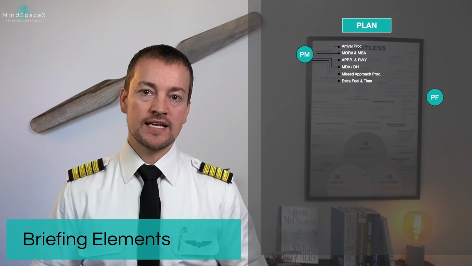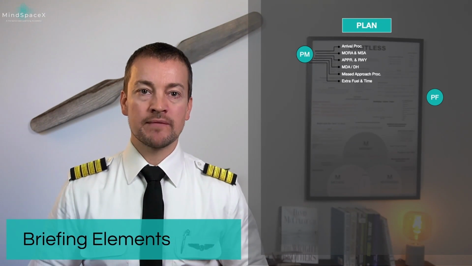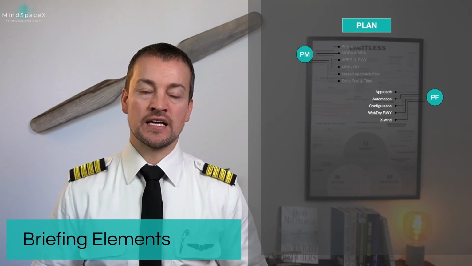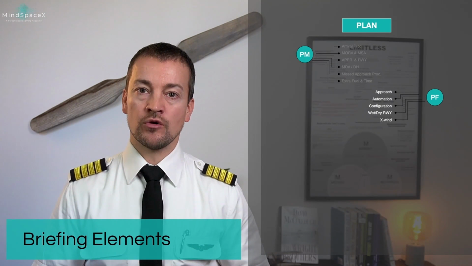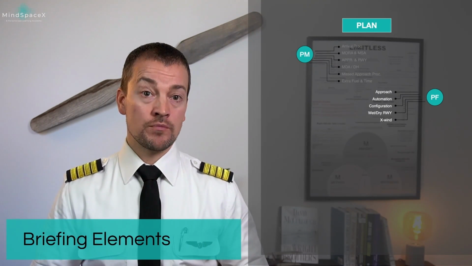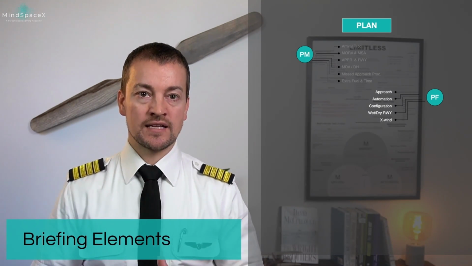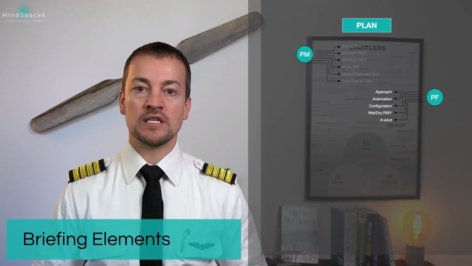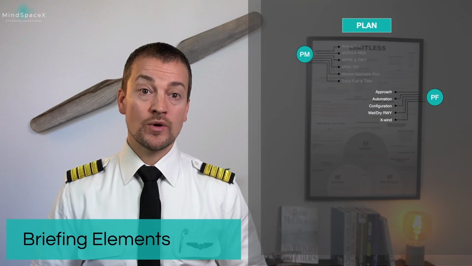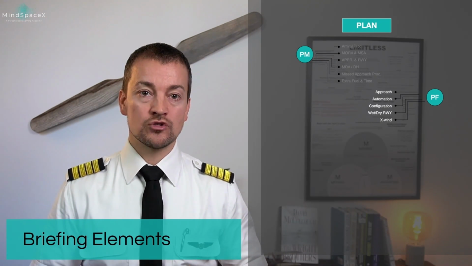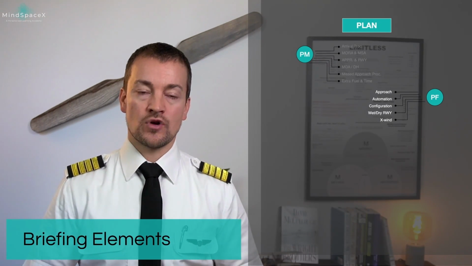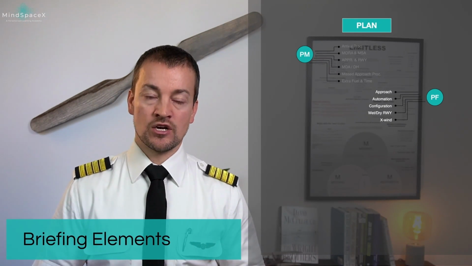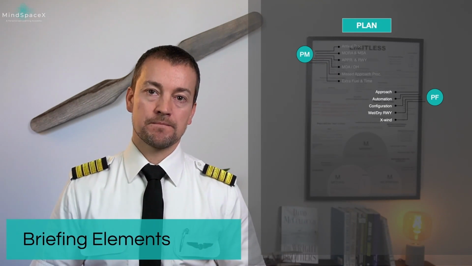The planned intentions will then be complemented by the pilot flying, stating the approach to be flown, the level of automation, managed, selected, raw data, the configuration for the landing, as well as the conditions of the runway, dry, wet, and any crosswind that might be particular to the landing.